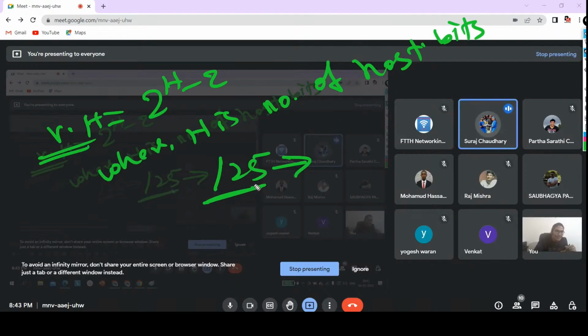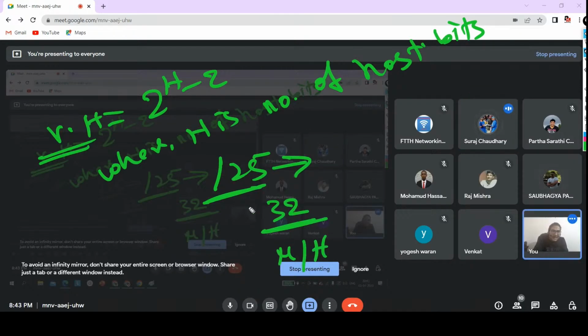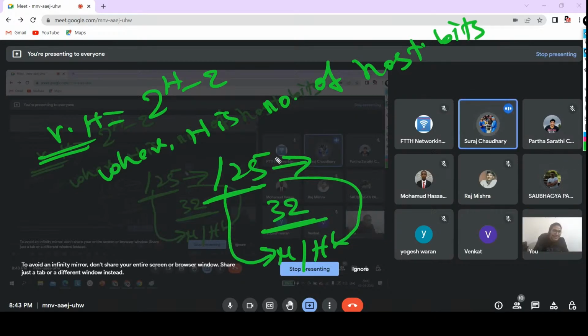If you have an address of 32 bits, and this address is a combination of two things, network plus host, and there are 25 network bits, that means how many hosts bits are there? 7. Yes, 7. That means h is 7.